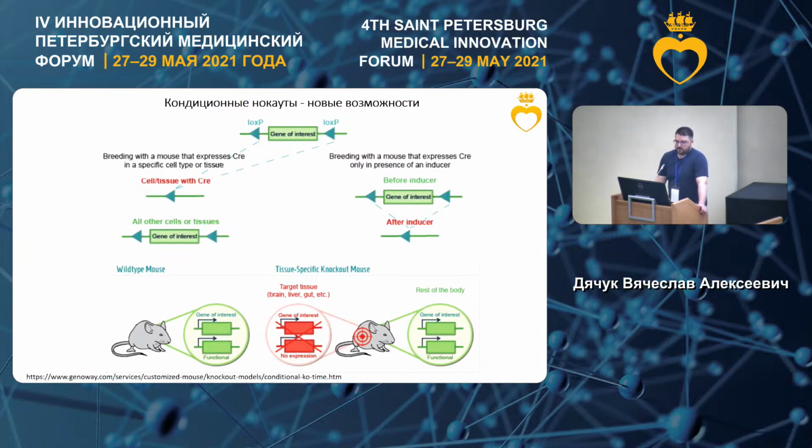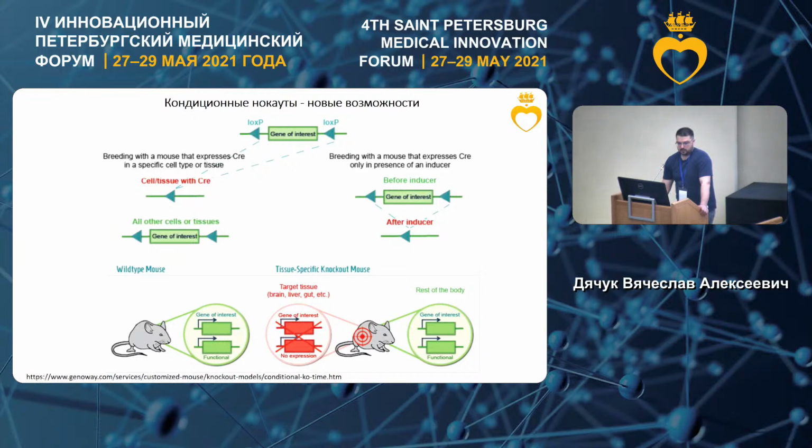The most actively used modification of knockouts is the inducible knockout, when you add, for instance, tamoxifen, and you can activate a knockout in embryonic development, in early or late postnatal development, or in an adult animal. You add the inductor that activates the cutting out of the gene, and you get a knockout that is called an inducible or conditional knockout.